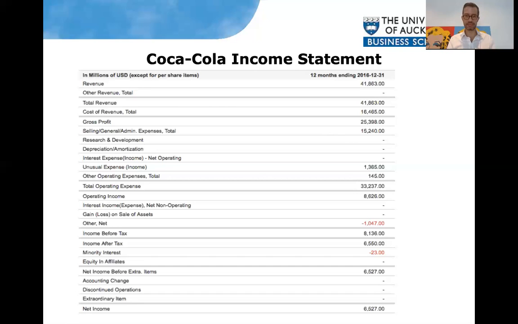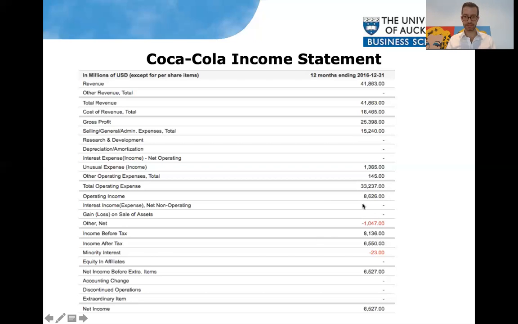If you look at the annual statement of Coca-Cola on their website, you will get more details on this. You can see that the total expenses of Coca-Cola is $33 billion. And this, of course, includes the $16 billion here, and then all these expenses here. So the total is $33 billion. They also get some additional income.